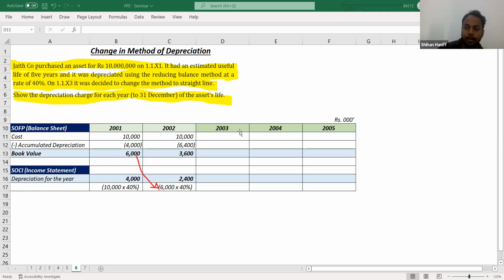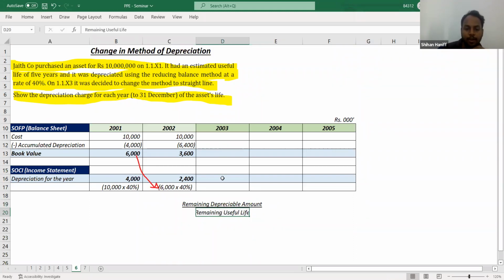Now, if you are changing the depreciation method from reducing balance method to straight line method, in straight line method, depreciation will be calculated by taking the depreciable amount, or we can say the remaining depreciable amount, over the remaining useful life.